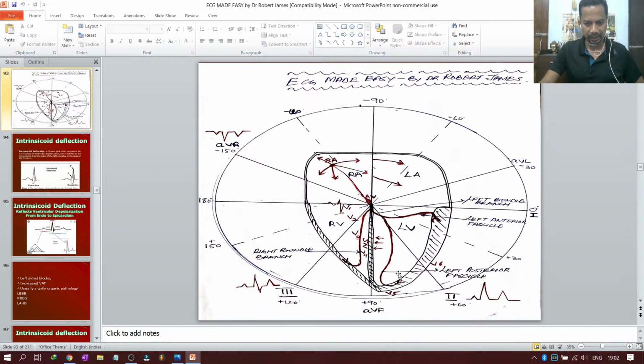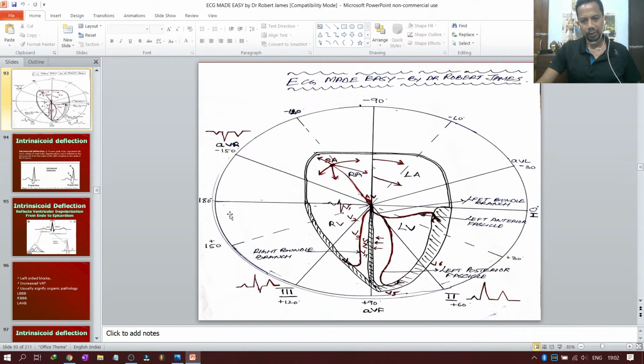AVF is very happy, current is coming, so it is positive, positive, positive. Lead 1 is not very happy, current is going away from lead 1, because the left bundle branch is sending the current like this. So lead 1 is negative, and you draw at 180 degrees. So the axis has come in the RAD quadrant, the right axis deviation quadrant, plus 90 to 180 degrees.